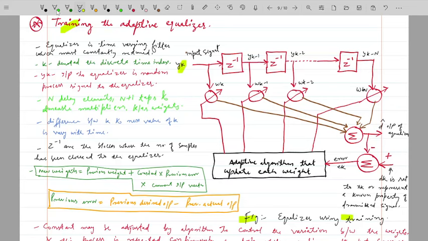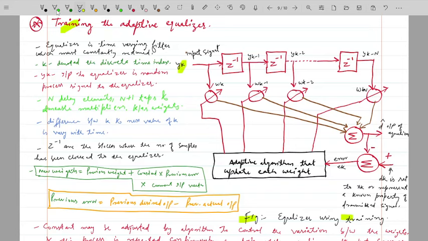These z inverse blocks are the delay blocks, and k is the vector index, so k may run from 1 to n.